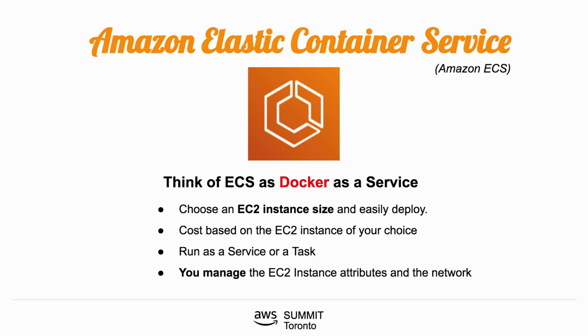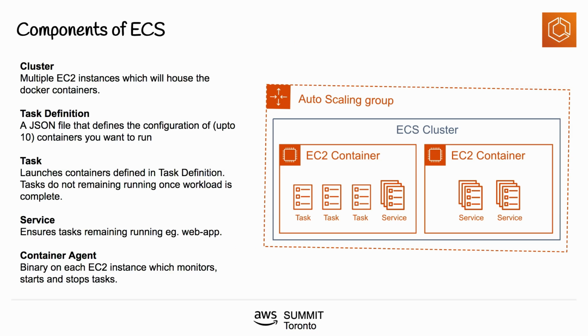Looking at an architectural diagram over here, we're going to walk through these components. When you use ECS, you're going to be launching a cluster, and all a cluster is, is a bunch of EC2 instances, which we call container instances here, which are going to contain your tasks or services. And within those tasks or services is what's going to contain your containers.